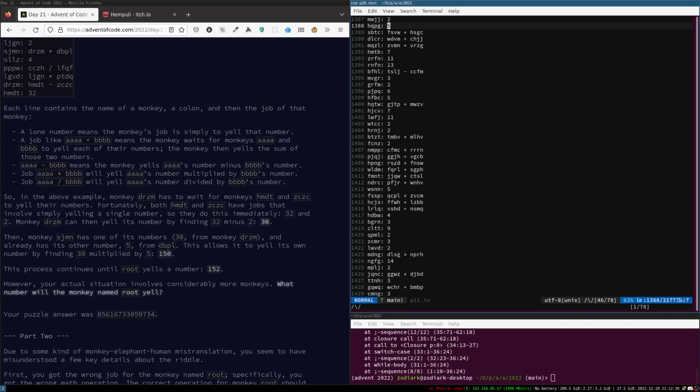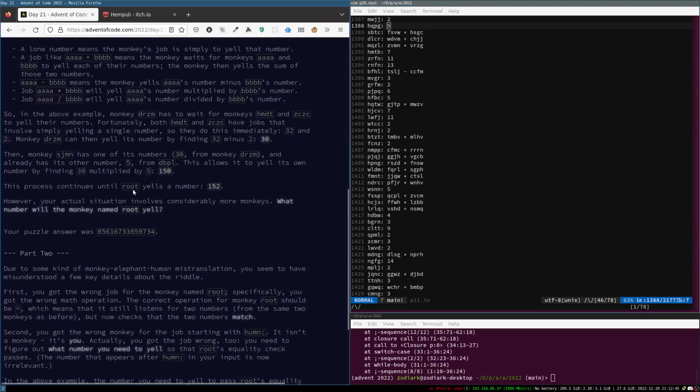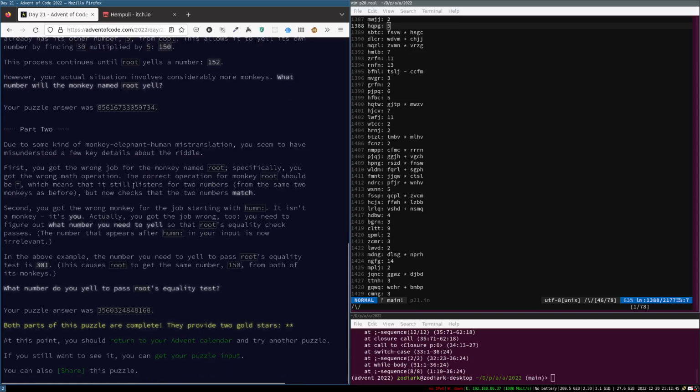So one thing you could do is build a rational class that encapsulates that, and that you can perform these basic arithmetic operations on, and then at the end you can calculate precisely that root has comparing two things that are both rational functions of UMN, and that way you can solve it exactly.